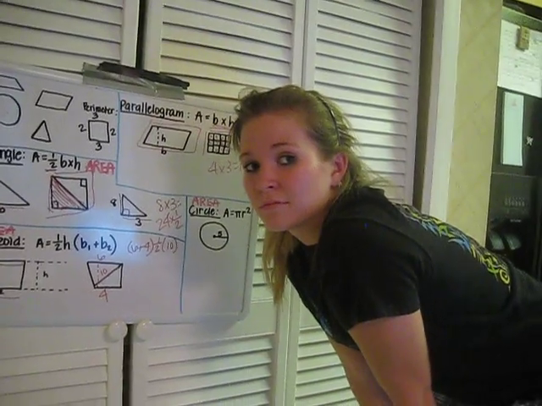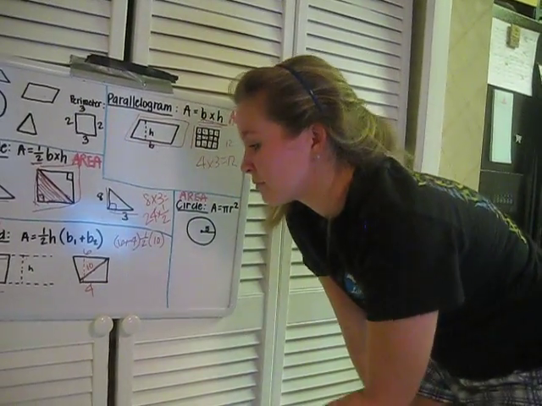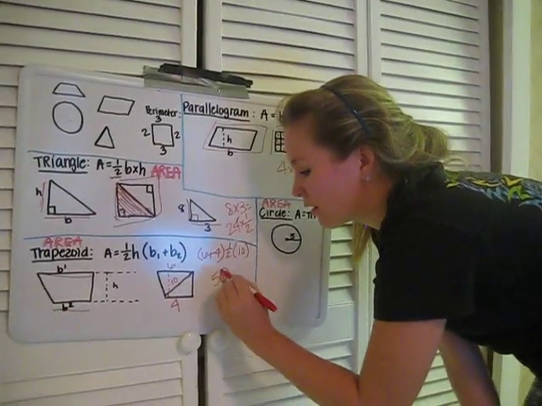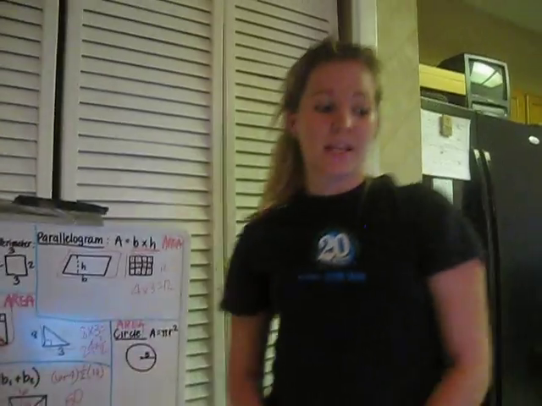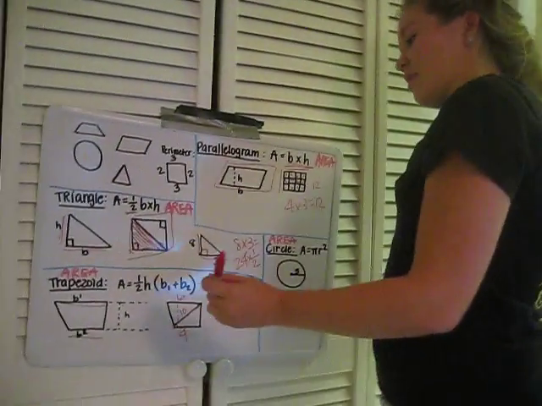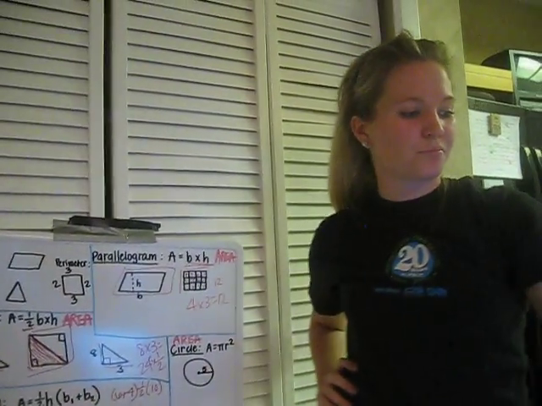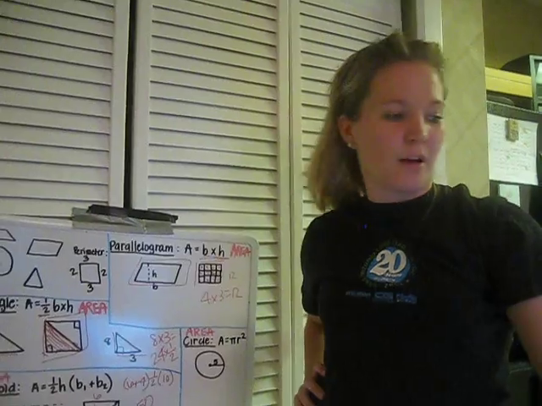And then you multiply that times half, which would make it 50. Exactly. Okay, so that's how we do the trapezoid. And we're going to use that formula for the trapezoid, which is going to be half height times base 1 plus base 2. All right, so good job.